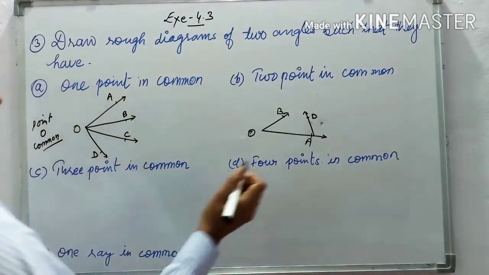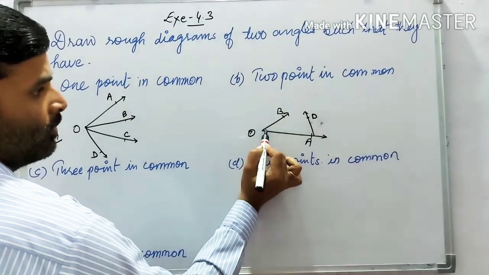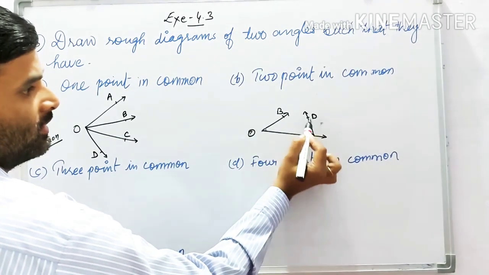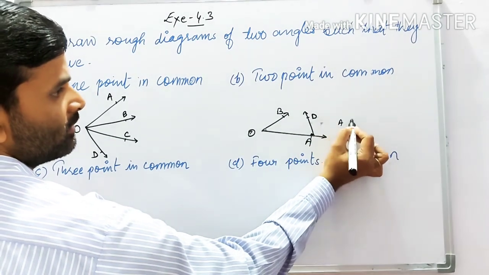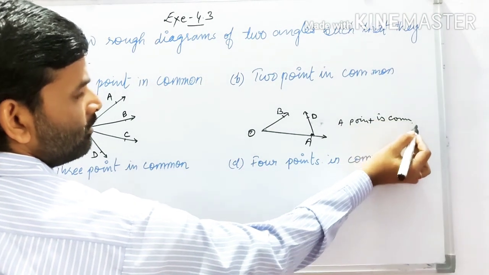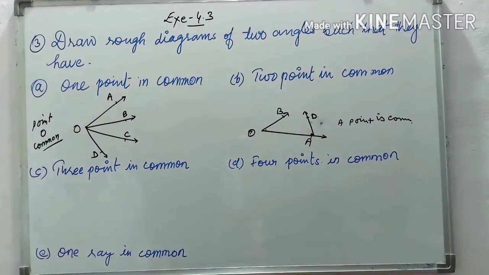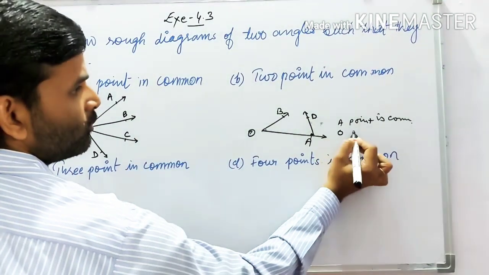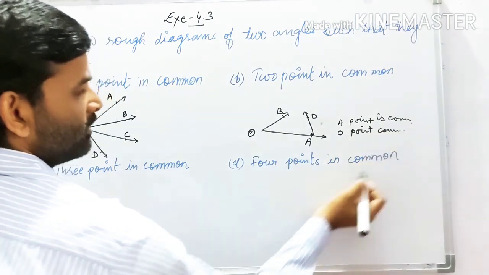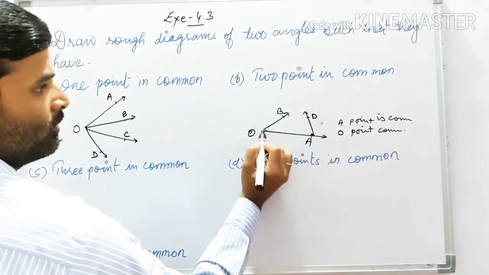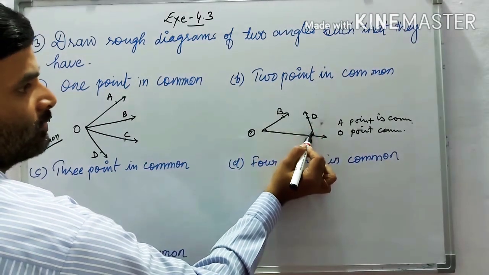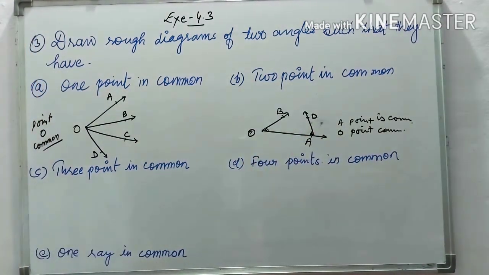Which two points? O and A. The point A is common and point O is common. Angle AOD and angle BOD have two points common in one line.